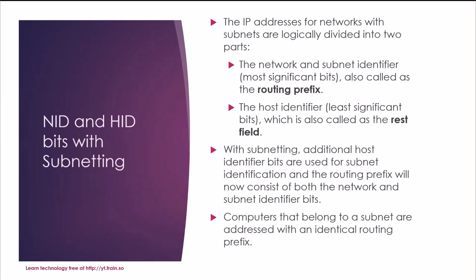With subnetting, additional host identifier bits are used for subnet identification, and the routing prefix will now consist of both the network and subnet identifier bits. So the rest is only available for identifying machines. Computers that belong to a subnet are addressed with an identical routing prefix. Routing prefix means what? It's a combination of network identifier bits and subnet identifier bits.